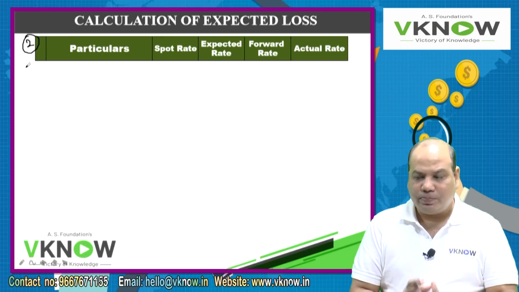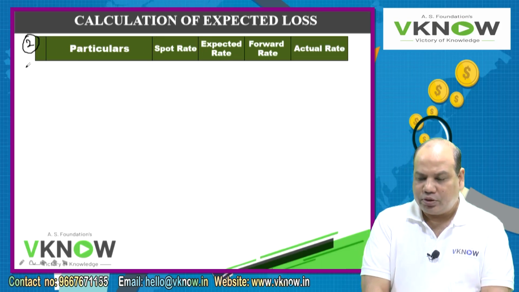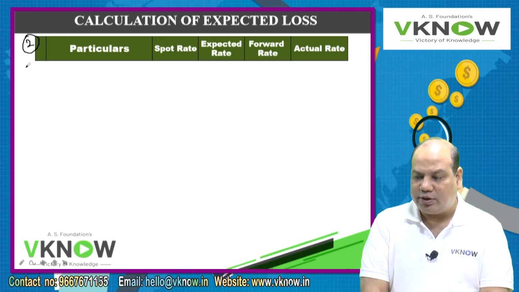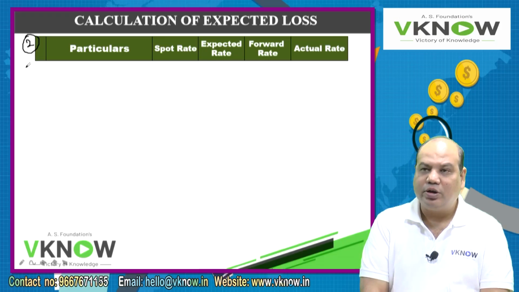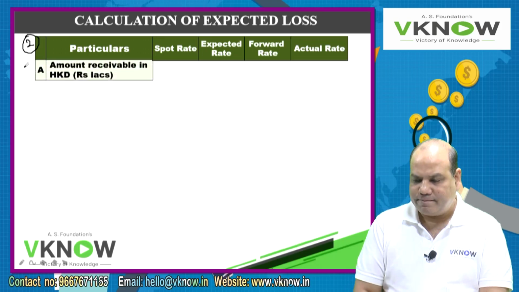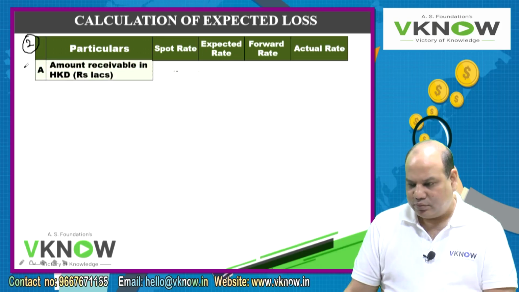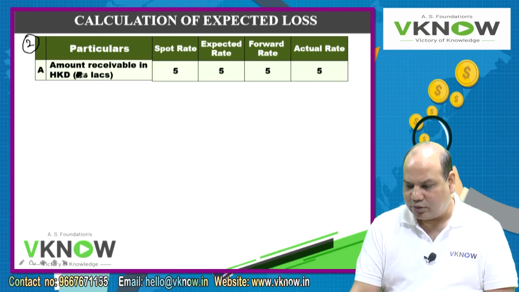Same format I'll draw, because if you do similar practice, you can do it faster. Serial number, particular, spot rate, expected rate, forward rate, actual rate. Now write down point number A: amount receivable in HKD, in lakhs.